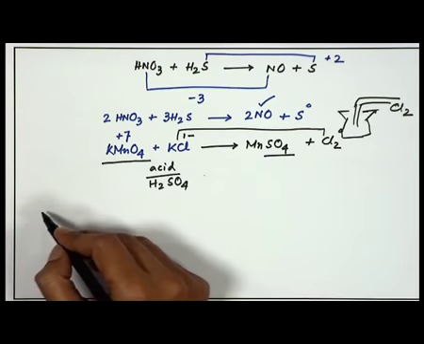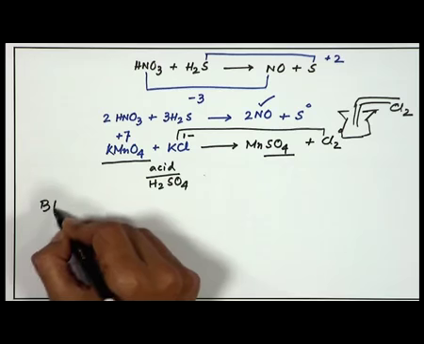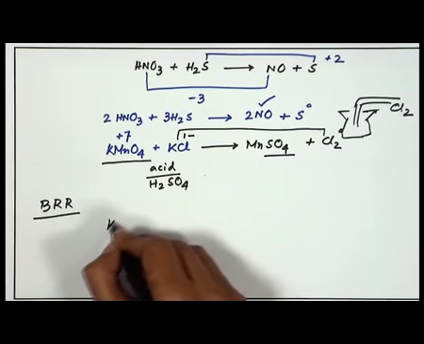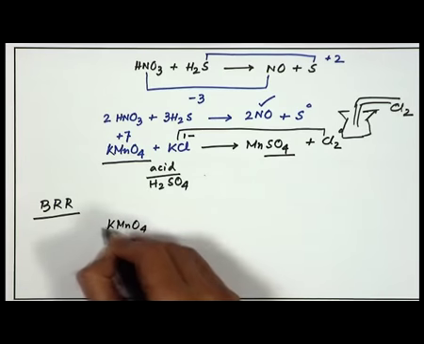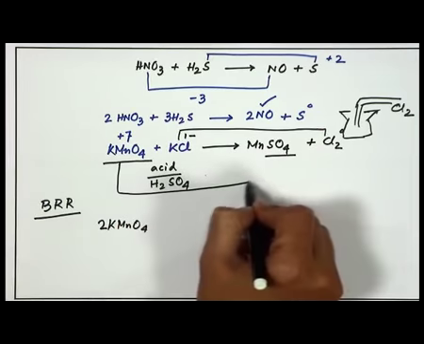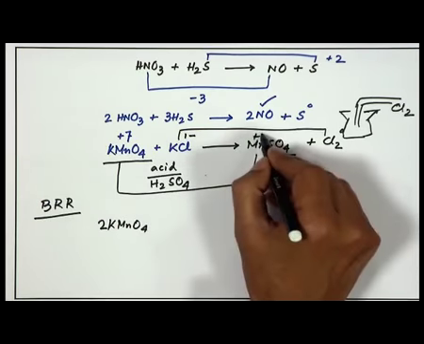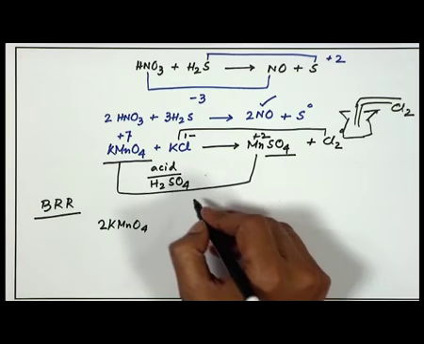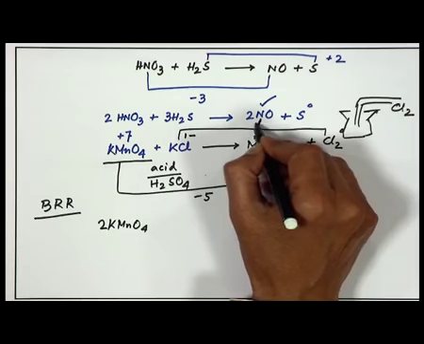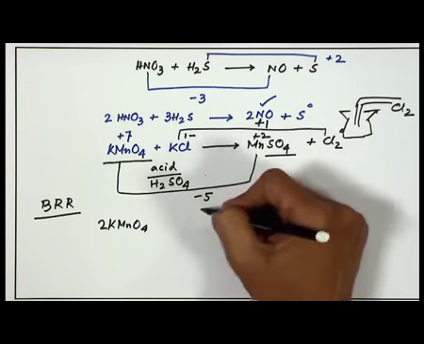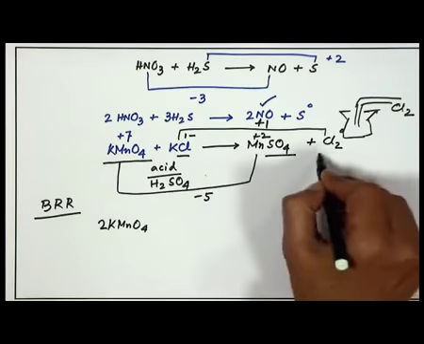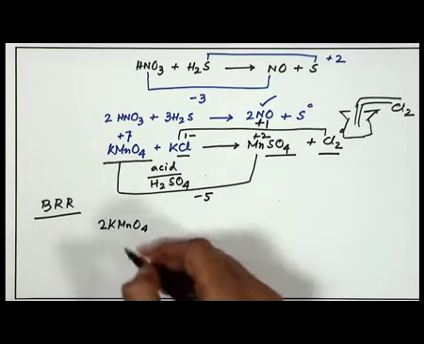So, the balanced redox reaction we can have for this is: twice KMnO4, because the manganese change is 7 to plus 2, that is a change of minus 5, and here the change is plus 1. So, the reaction stoichiometry will be 1:5, and since Cl2 is a doubling for the chlorine gas elimination, it will be doubled again.